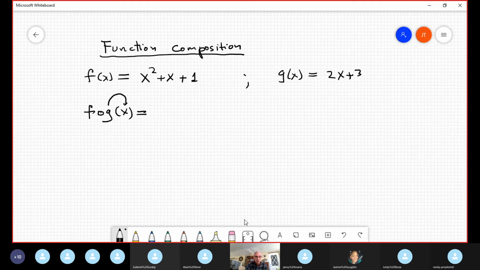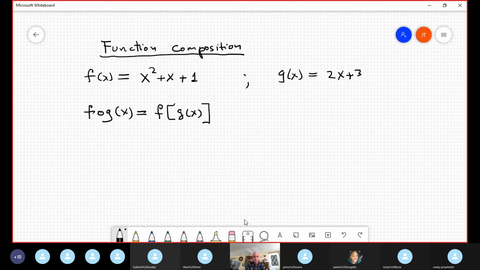Because it's close to x. Remember, x represents the value of the domain. You plug it in G first, and after that you plug it in F. In other words, this is another way to represent the same idea using order of operations: parentheses first, you plug into G, and after you plug the answer into F.